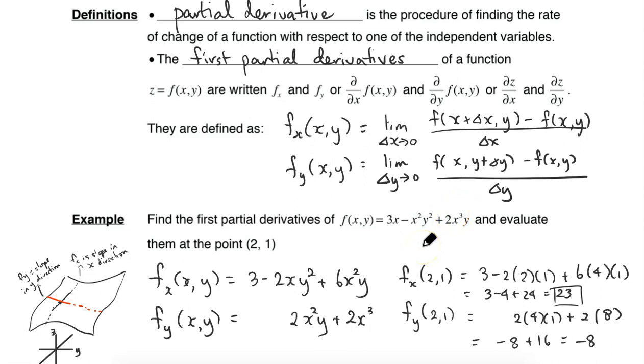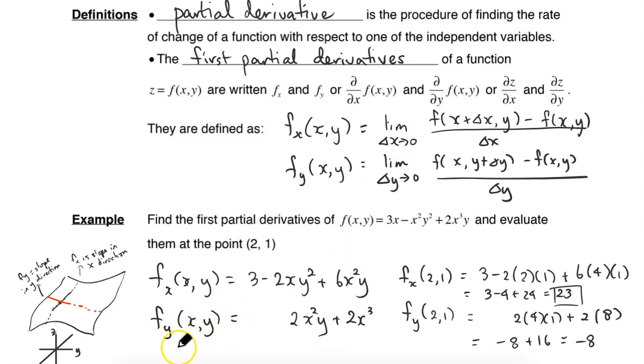If we're looking at that partial derivative at the point 2, 1, we can now substitute x equals 2, y equals 1, and after calculating we get 23, which means that if you are standing at point 2, 1 on this surface and you look in the positive x direction, the slope is 23.